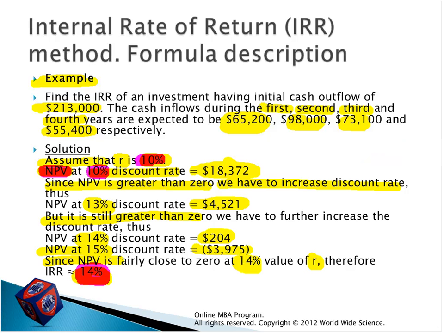Year three, the cash inflow is equal to 73,100, and year four, the cash inflow is equal to 55,400. So the first step we have done: we prepared the cash flow statement of this project. That is how you should prepare this table, right?